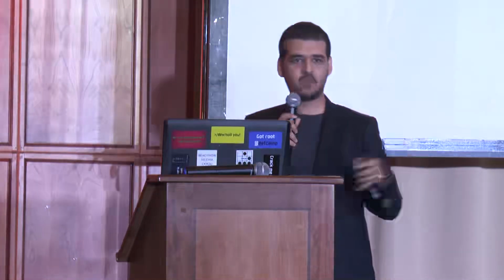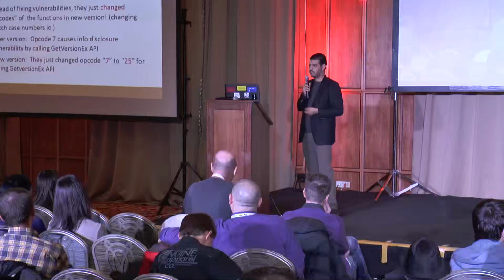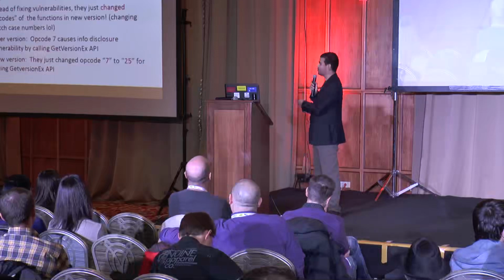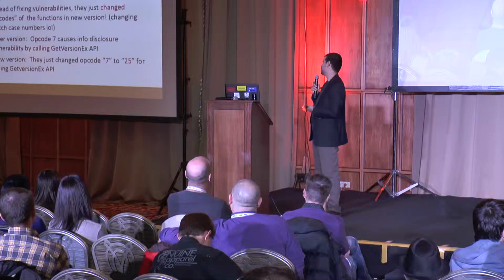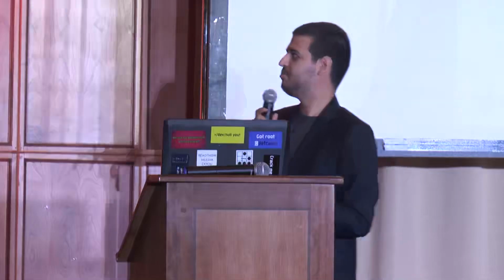I think the vendor thought that, hey, hackers discovered this opcode, so we can change it. So in the new version, they just changed opcode 7 to 25. So we were able to reproduce this bug again. So this is a face palm for this vendor, right? Actually, they should have implemented authentication instead of changing the opcodes.